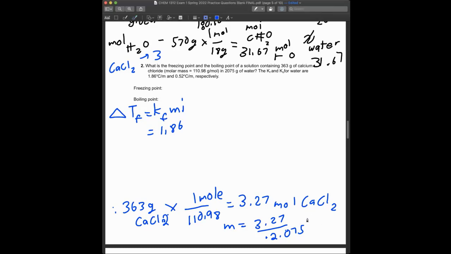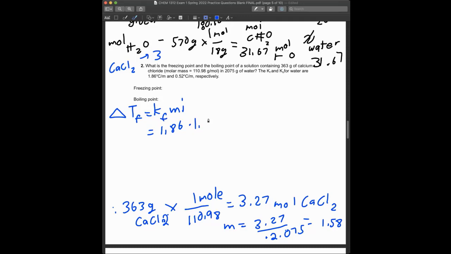So what we get here is, divided by 2.075, it's going to be 1.58.